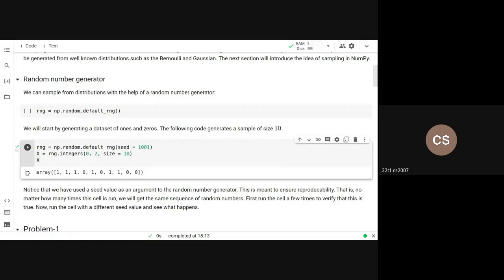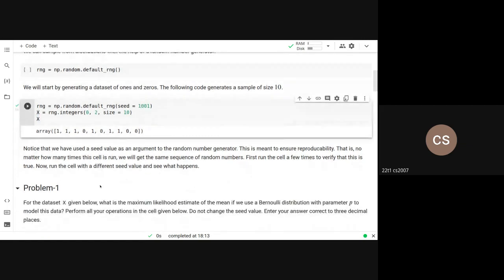So if you close your laptop today and then run it 10 days later, the sequence of random numbers that you see will remain the same. This is important for your research or whatever you're working on, because otherwise numbers simply keep changing. You won't know on what set of data you got your results, right? So that is why we have introduced this whole random number generator.